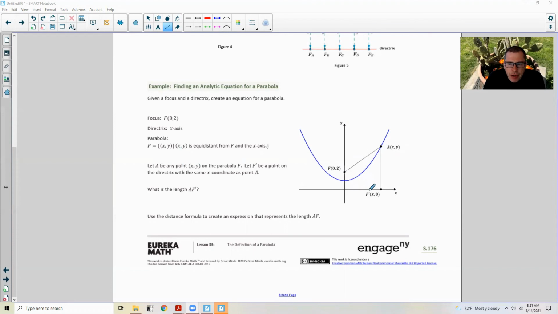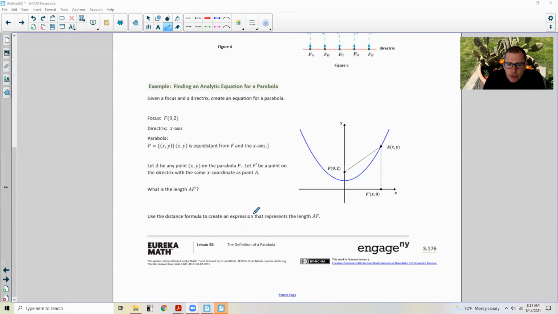Let F prime be a point on the directrix with the same x coordinate as point A. So if x was 5, then this would be the point 5 comma some y on the parabola. So it says, what is the length of A F prime?